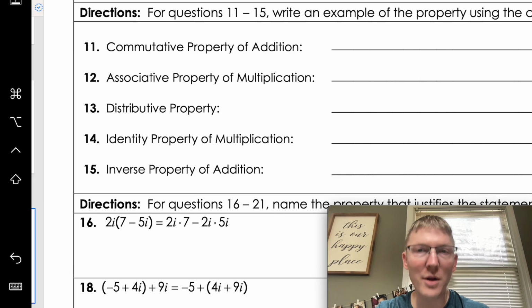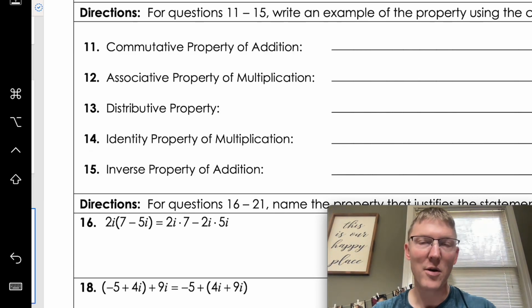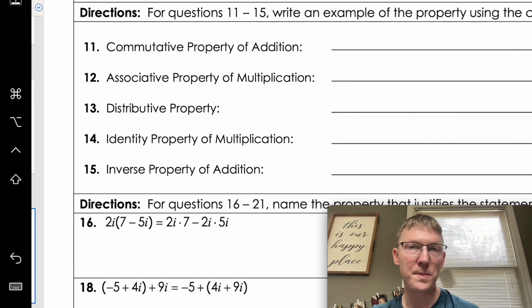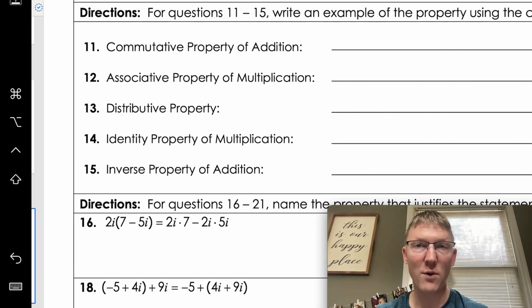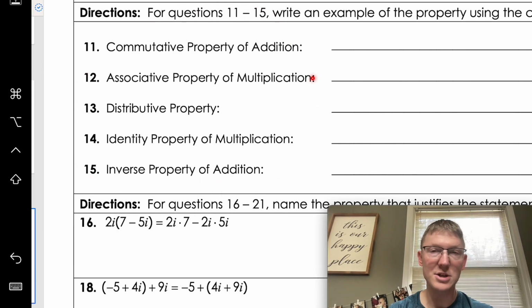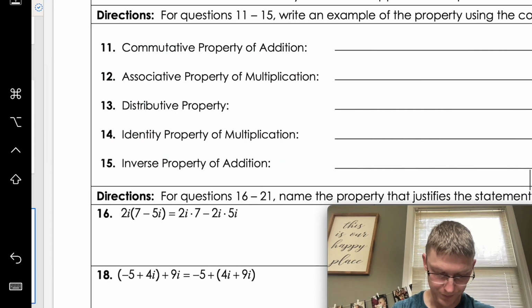That's why we're going to kind of glance over this section, because we're going to use this stuff a whole bunch, but just treat i like a variable. That's it. Until it gets into i squared and then turn it into a negative 1. If you remember that i is a variable, i squared turns into negative 1, you are good to go. All of this stuff is the same. So nothing has changed. We just treat i like a variable.